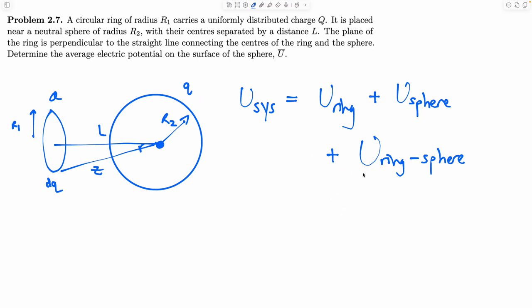The reason is because the third interaction tells us Q times U bar is equal to big Q times V. In this case, Q is the charge on the sphere, and V is the potential at the ring due to the sphere.